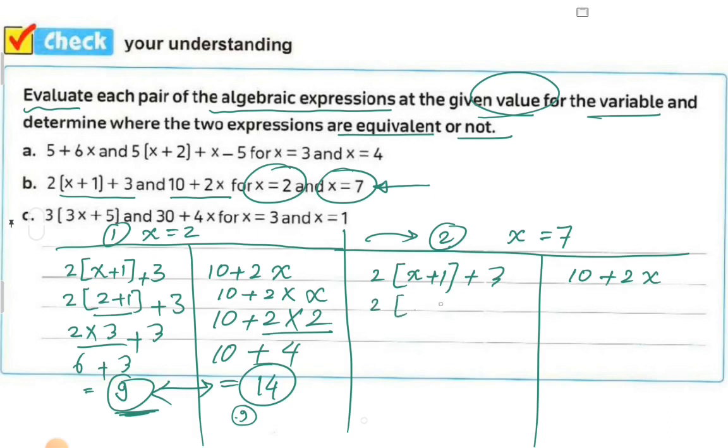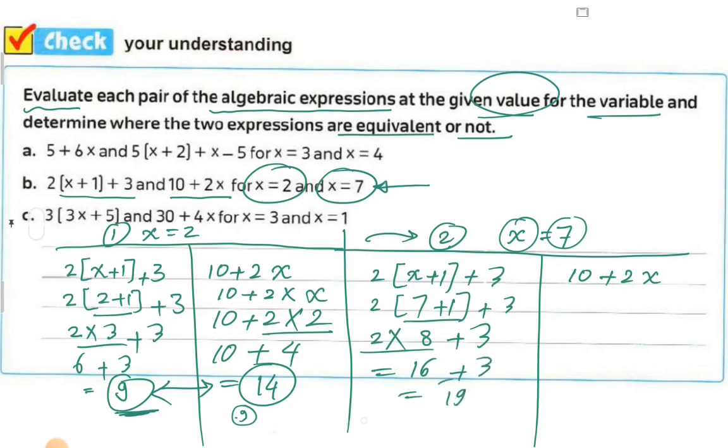2 by, remove x and put 7, plus 1, plus 3, do the parentheses first. 2 parentheses means 2 times the parentheses, equal 8, plus 3. Start with multiply, 16 plus 3, that's equal 19.